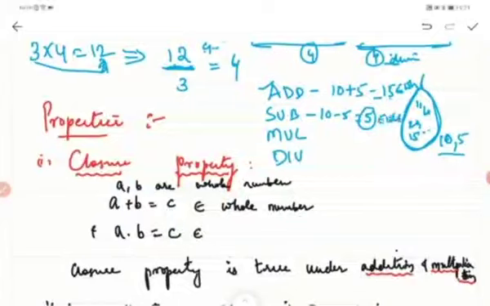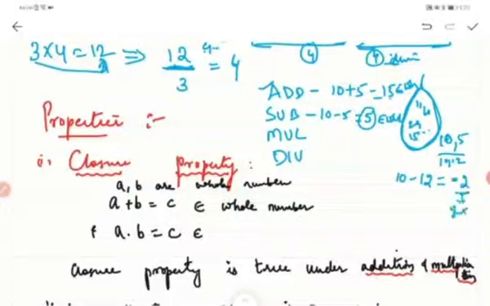But if I take numbers like 10 and 12, 10 minus 12 is how much? It is minus 2. This minus 2 comes under integers.